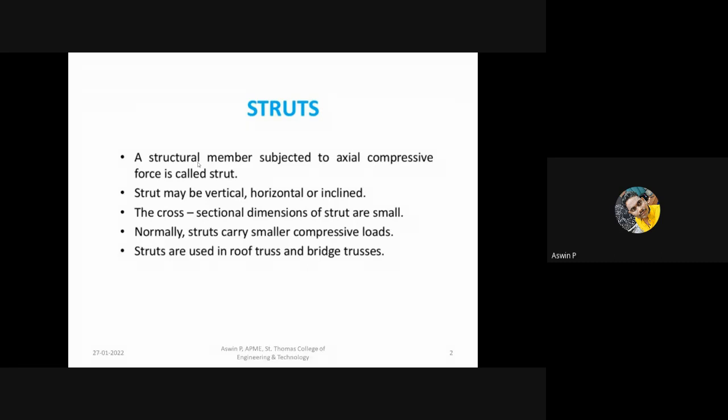Strut: a structural member subjected to axial compressive force is called a strut. A strut may be horizontal, inclined or vertical.